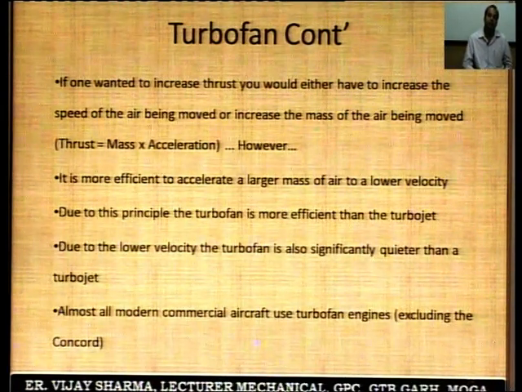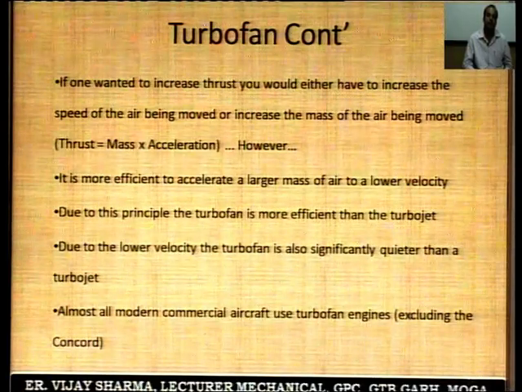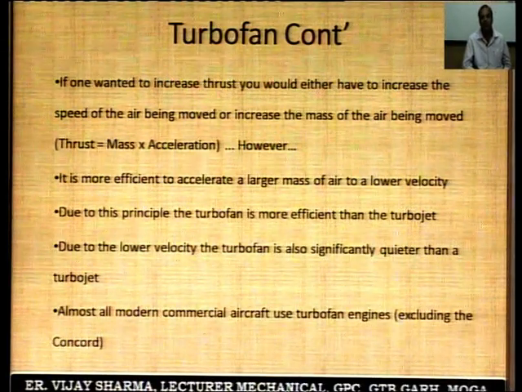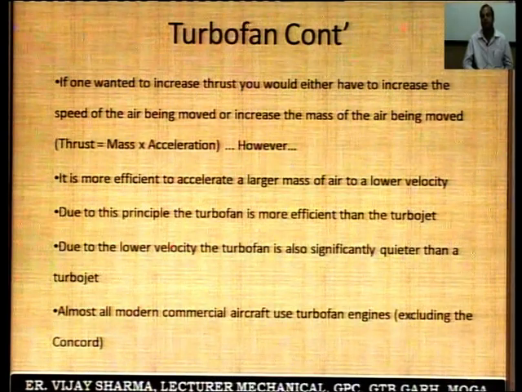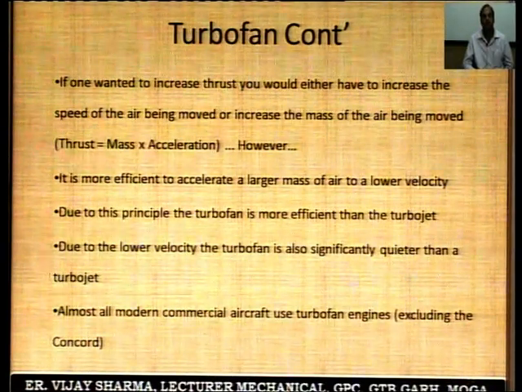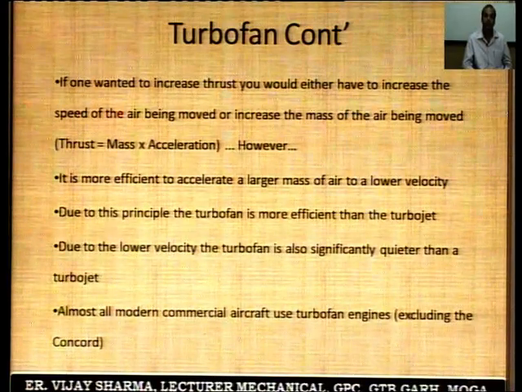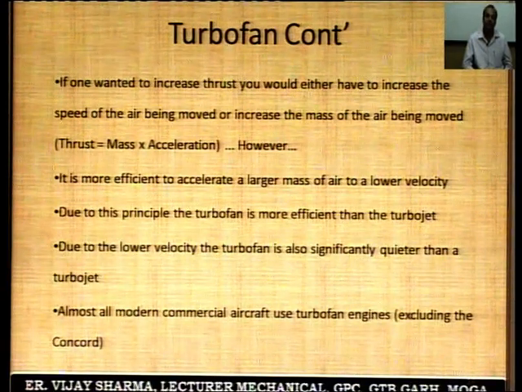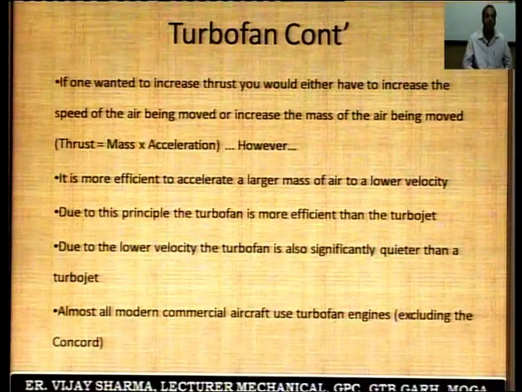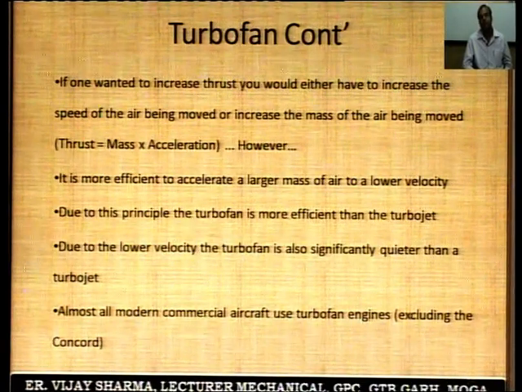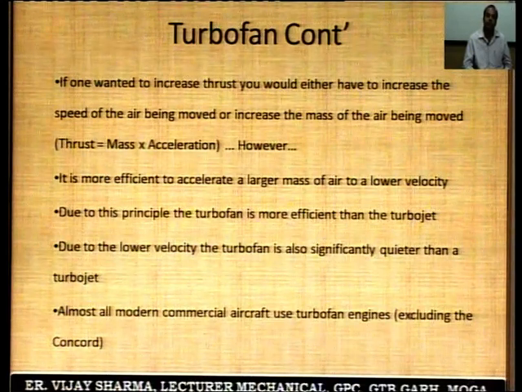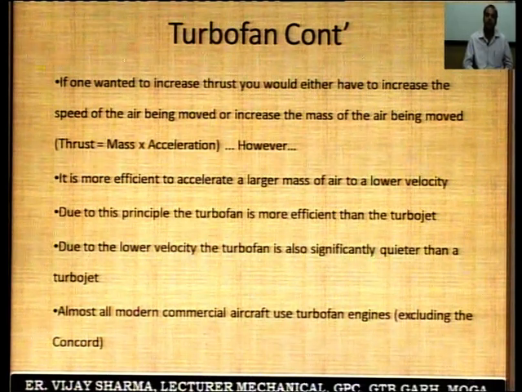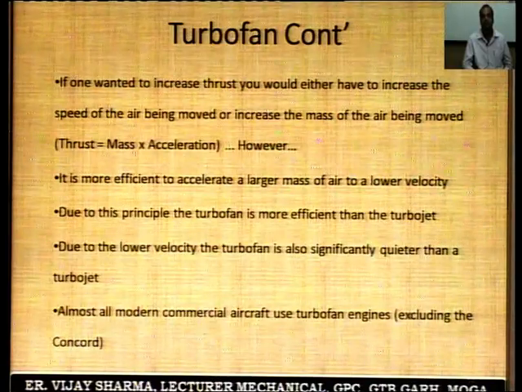In the continuation of turbofan, let me discuss some other points. First of all, if one wanted to increase thrust, you would either have to increase the speed of the air being moved or increase the mass of the air being moved. With the help of these two categories, we can improve the thrust.